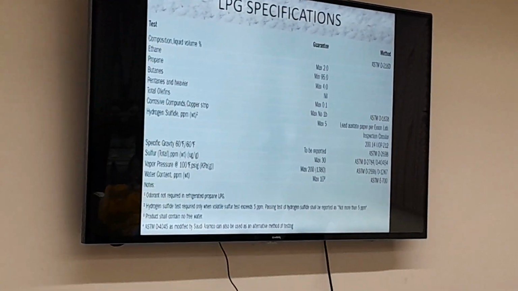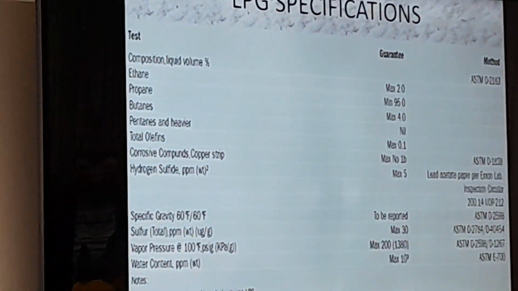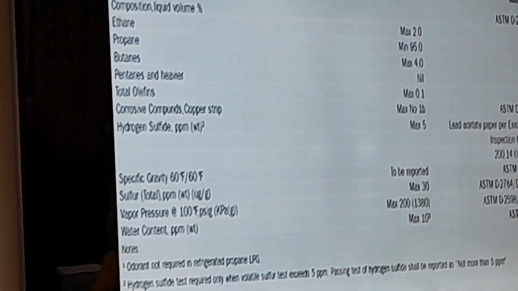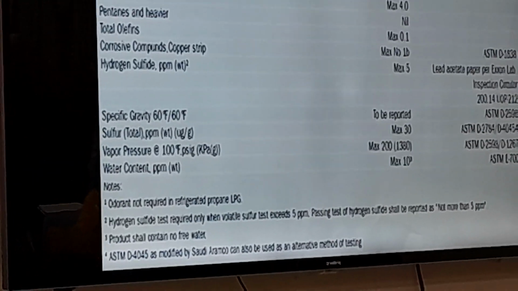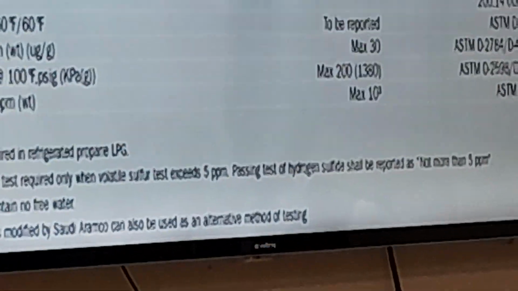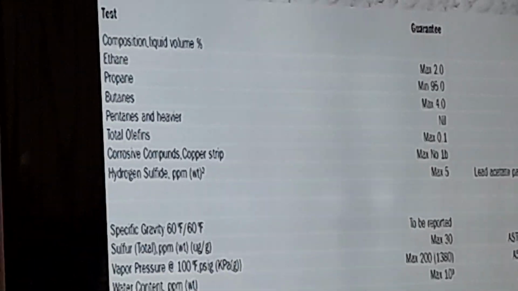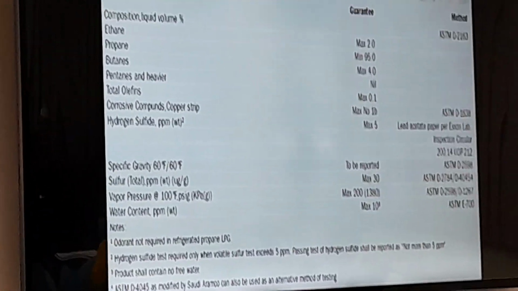Now corrosion, liquid volume maximum 2, ethane 95%, butane 4%, and pentane maximum 3. This is the propane: propane 95%, ethane 2%, butane 4%, pentanes and heavier nil, total olefins 1. Corrosive compounds, copper not more than 1B.